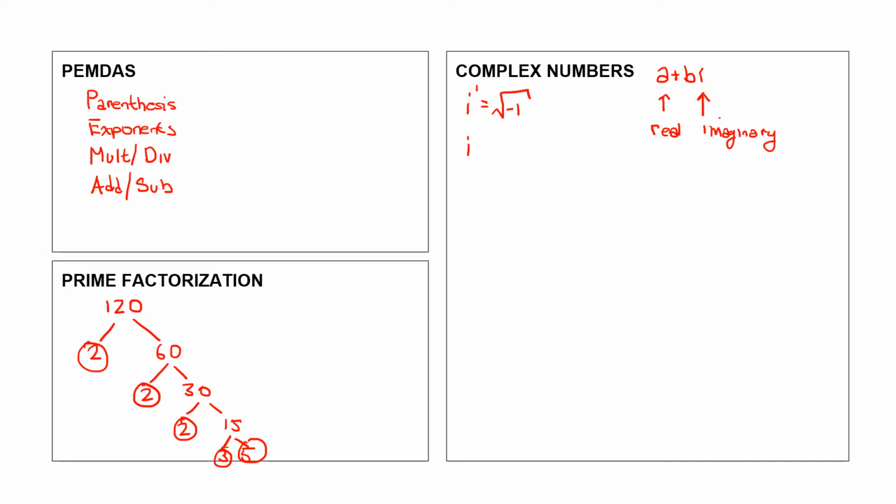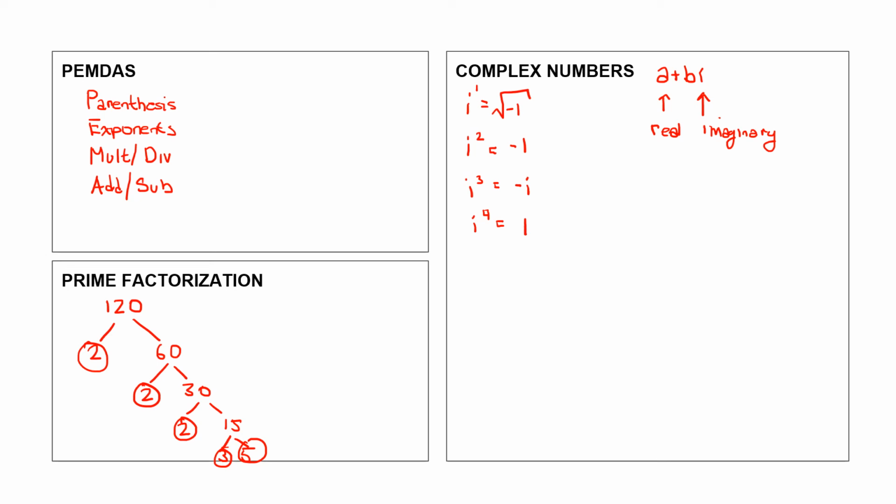So you'll see there's also i to a certain power in the test. We have i squared, which just gets rid of this square root sign, so we have i squared equals -1. Continuing that pattern, we have i cubed equals -i, and then i to the fourth equals +1.